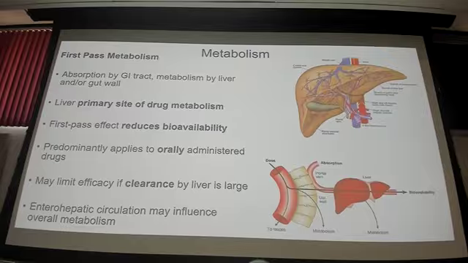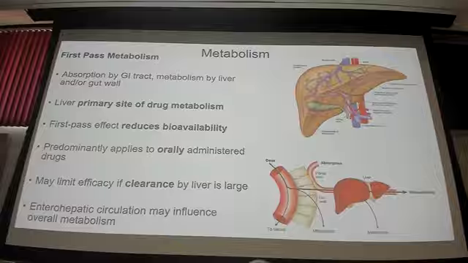Okay, we have reached metabolism of pharmacokinetics. First pass effect, or first pass metabolism, occurs once a drug is given orally and it crosses the GI gut wall, reaches portal circulation, and is metabolized by the liver.